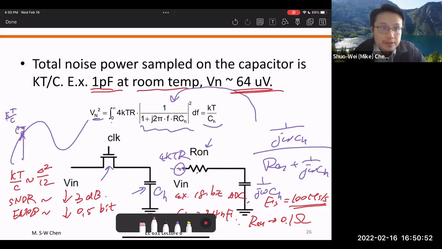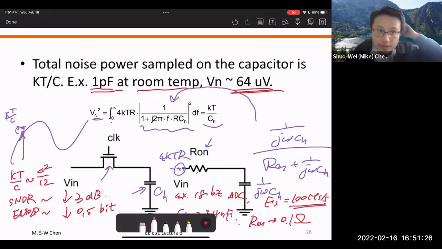Sometimes people find this convenient to remember. For example, if your sampling cap is 4 pF, that is 4 times larger, so your noise power will go down by 4 times, which means the standard deviation will go down by 2 times. So with 4 pF, there will be roughly 32 microvolt of standard deviation. Sometimes people use this to remember.